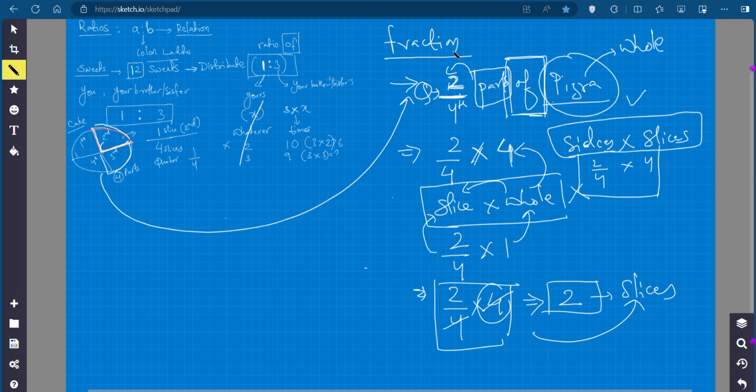Now, if fractions are easy for you, we can come back to our ratio, which was 1 colon 3 here. Since fractions were easy to understand, if somehow I can change my ratio into a fraction, wouldn't that make it easy for us to solve the ratio problem?